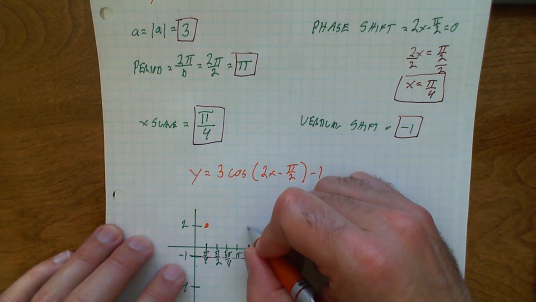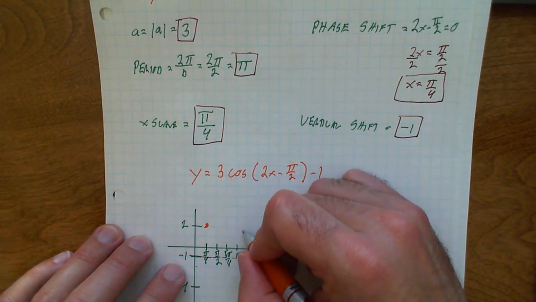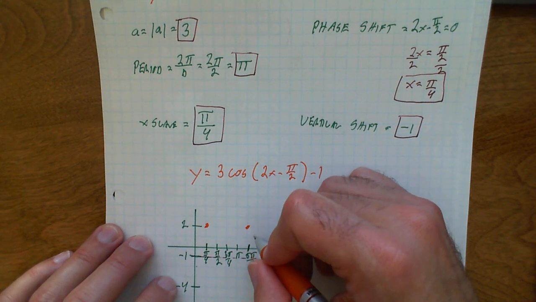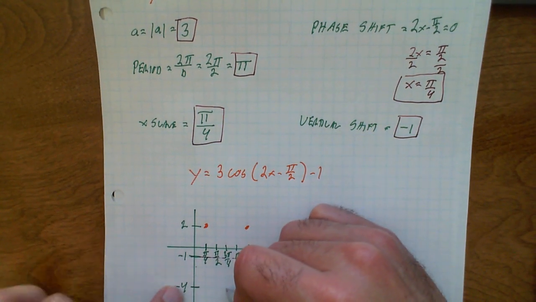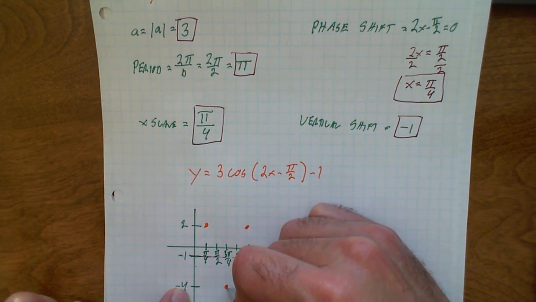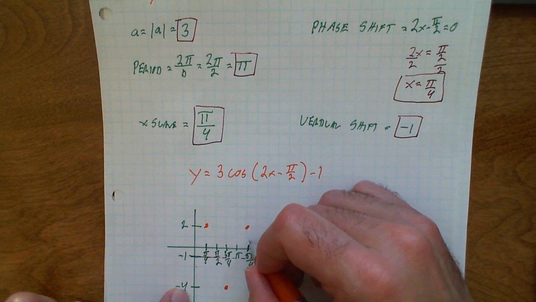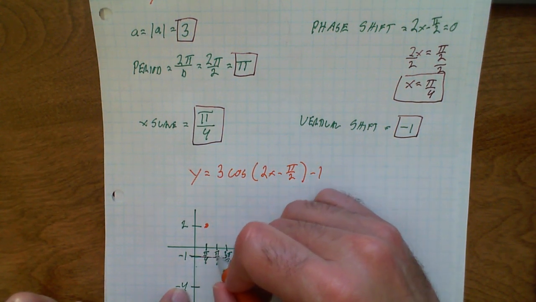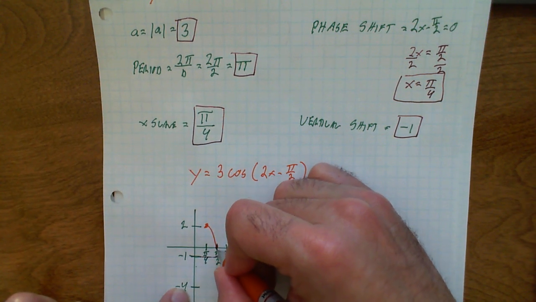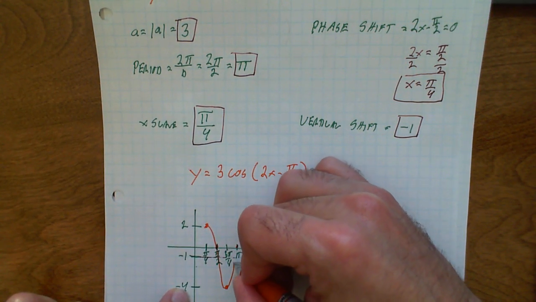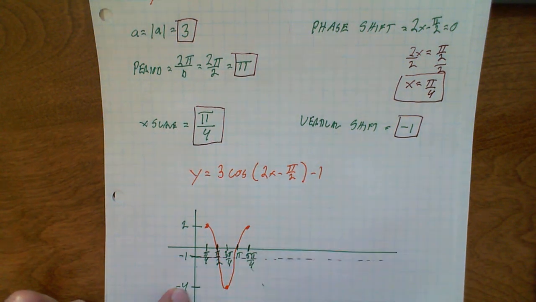Our last point is also at 1, but now our new scaling makes us go up to 2. Our middle point will be at -1, but our lowest point would be -4, because we said this here. This is our lowest point. And everything in between, right? These two will be 0. And make sure you make it round. And there's my first cycle of cosine.